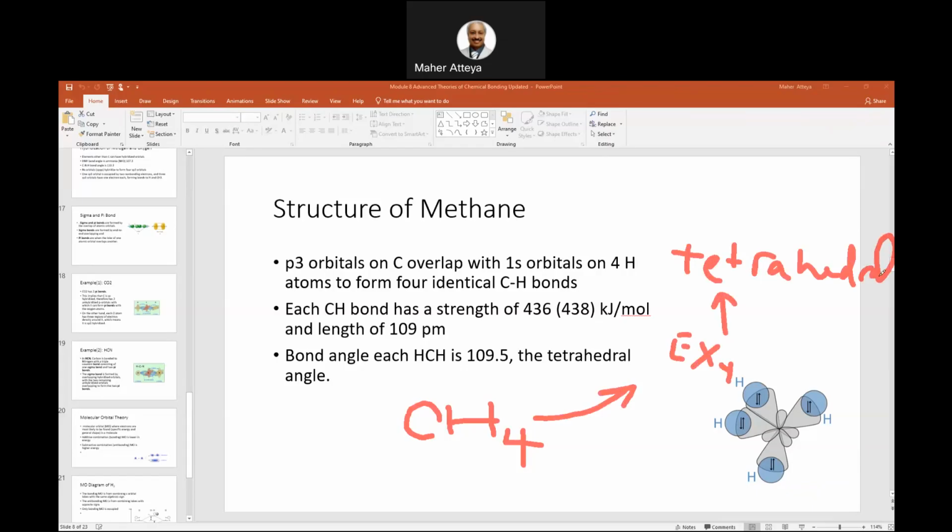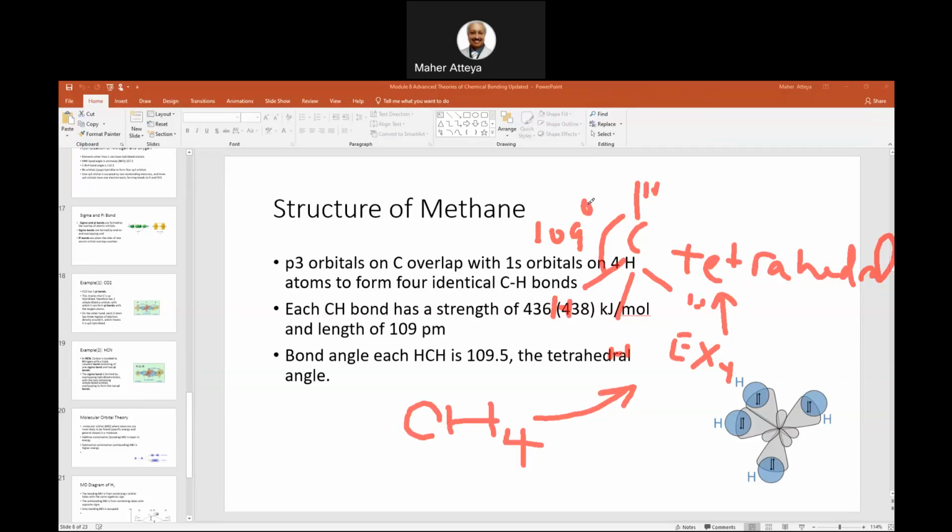So the shape is tetrahedral, which means the angle between hydrogen at the top, carbon in the middle, and hydrogen is how much? It is 109.5 degrees. That's a tetrahedral, correct? And the angle is 109 degrees.